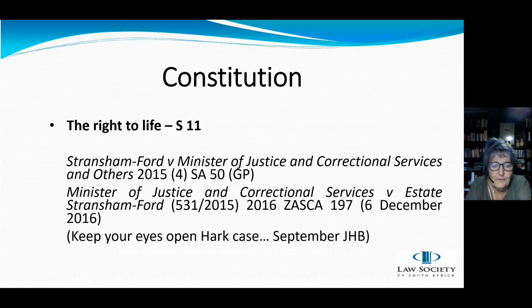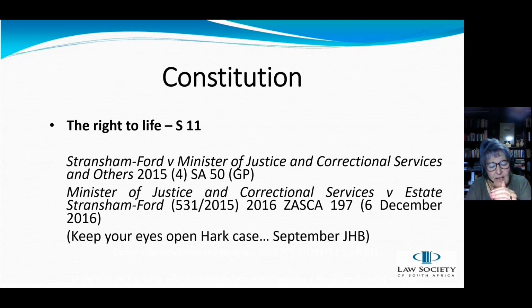The court said, for his own dignity, they will allow that a doctor can assist him so that he can die peacefully. He died that morning. So, judgment was given, but then the Minister of Justice went to the Supreme Court of Appeal. And that's the second case that you see there.